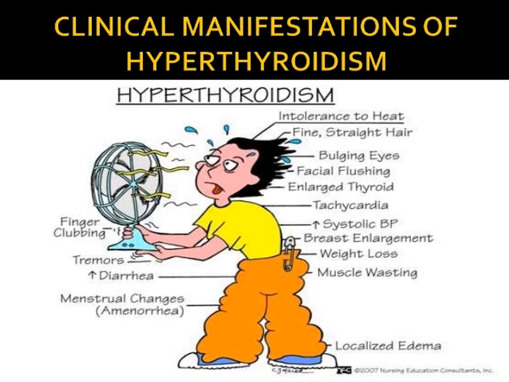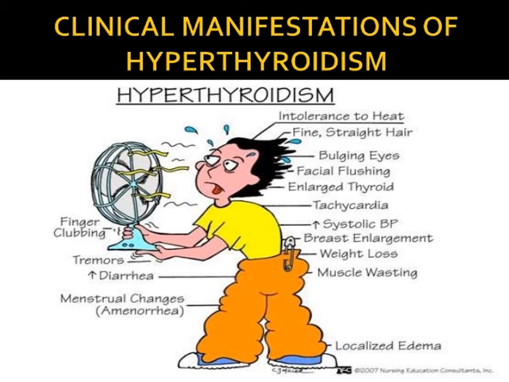They complain of continuous weight loss, muscle wasting, and other symptoms like tremors due to overstimulation of the sympathetic nervous system, and menstrual changes like amenorrhea, increased diarrhea, or finger clubbing.